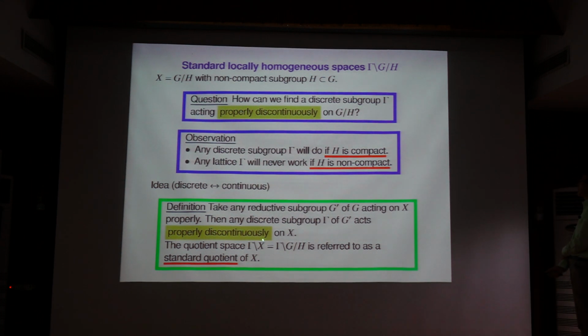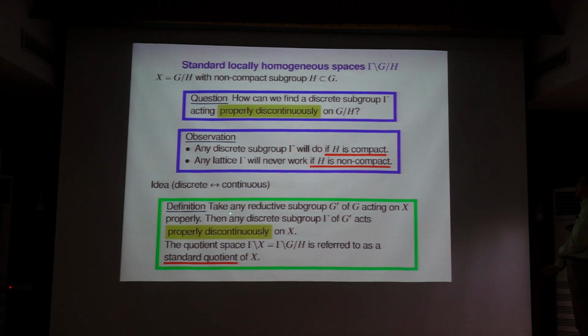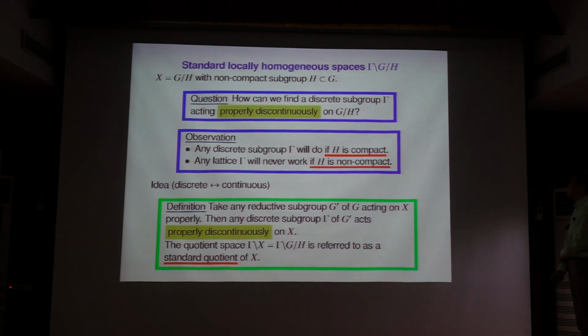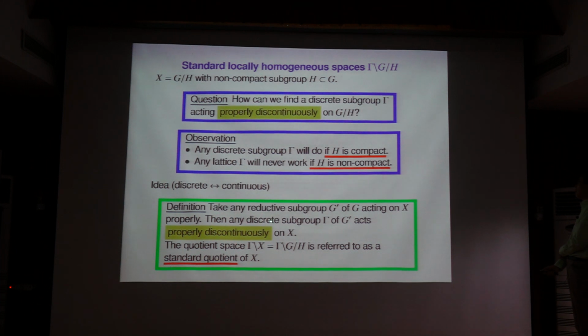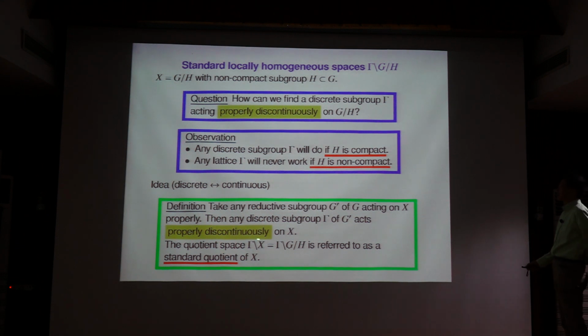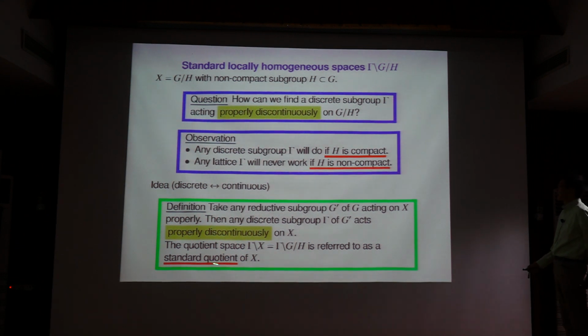For this, we take the following strategy. First, consider a continuous analog of the problem: first find a reductive group Z′ acting properly. So this is a continuous analog, and we can give precise, computable necessary and sufficient conditions for this. And then we take a discrete subgroup Γ of Z′. Then it automatically acts properly discontinuously if Γ sits in Z′. And we call the quotient a standard quotient of Γ.